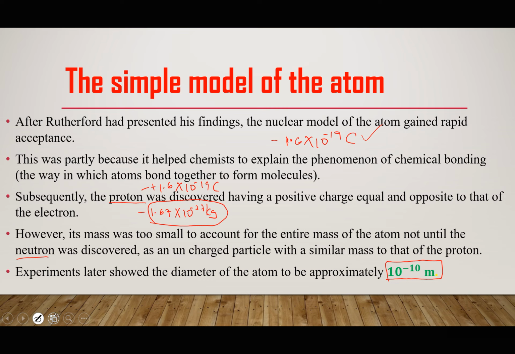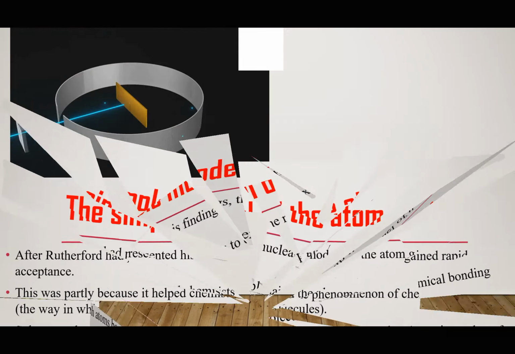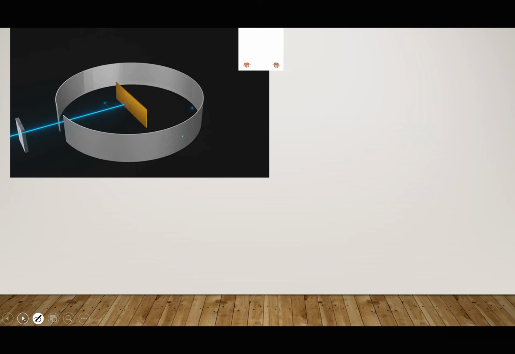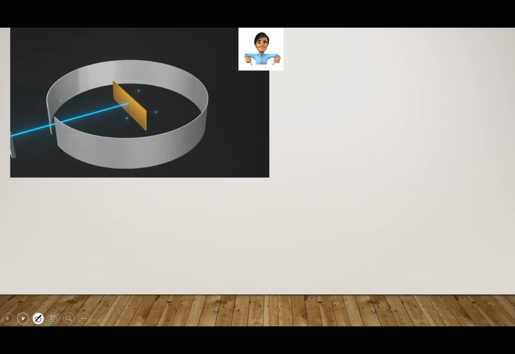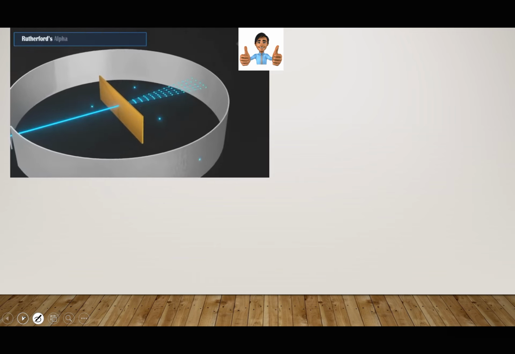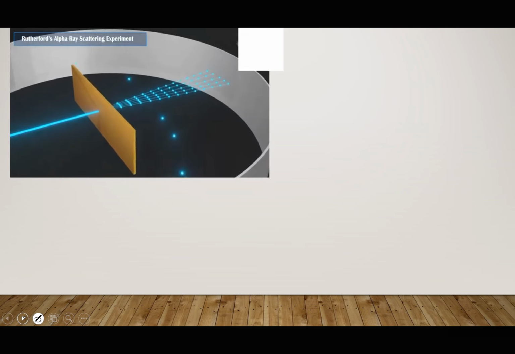So let's explore Rutherford's alpha particle scattering experiment in more detail. According to J.J. Thomson, the atom was a neutral particle, just a positively charged material with negatively charged particles distributed all over it.